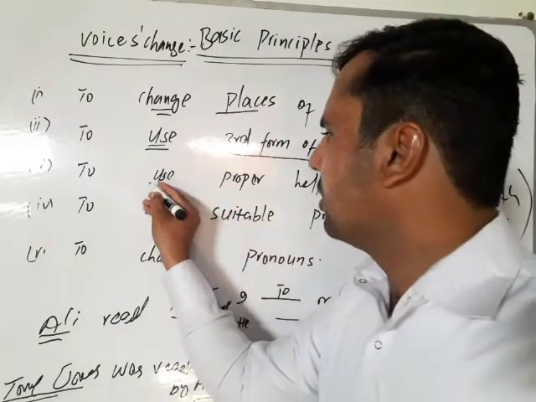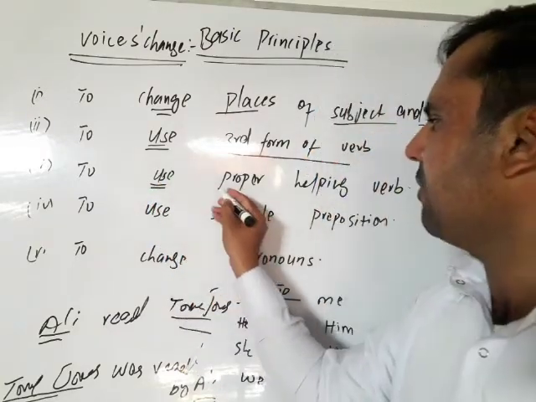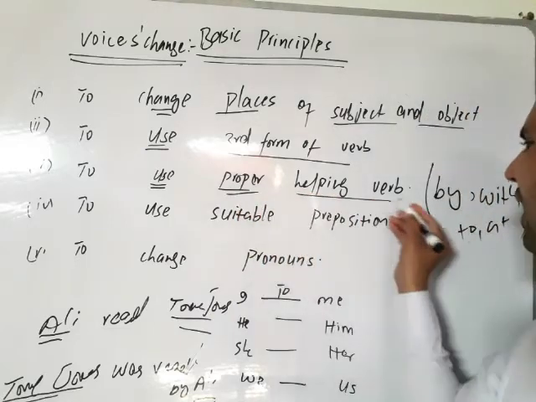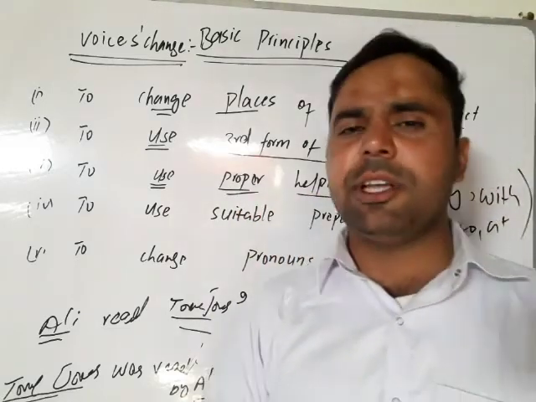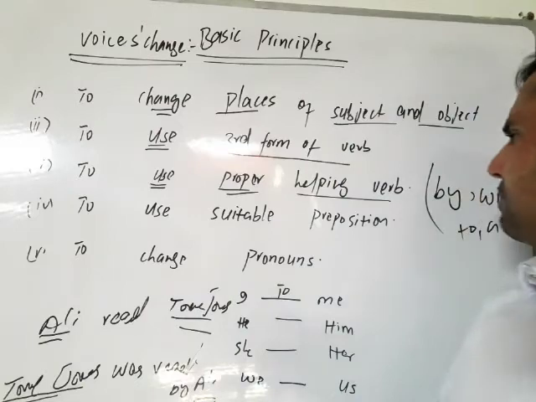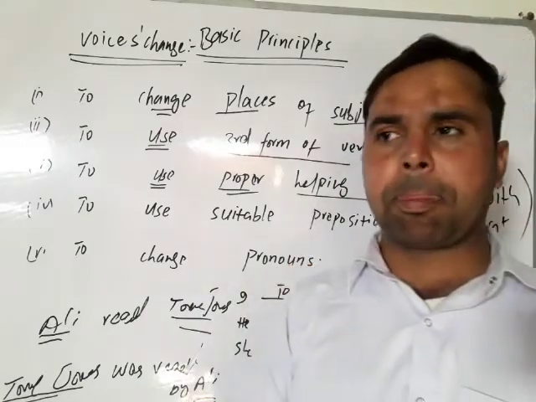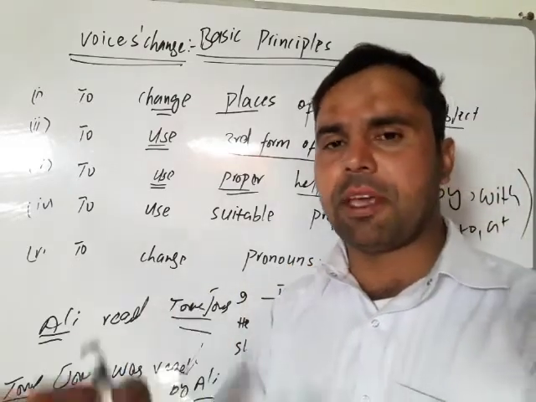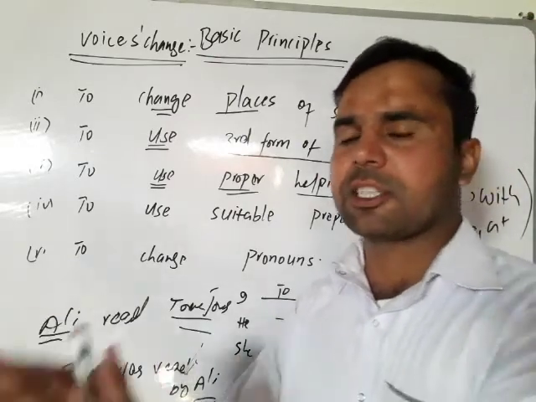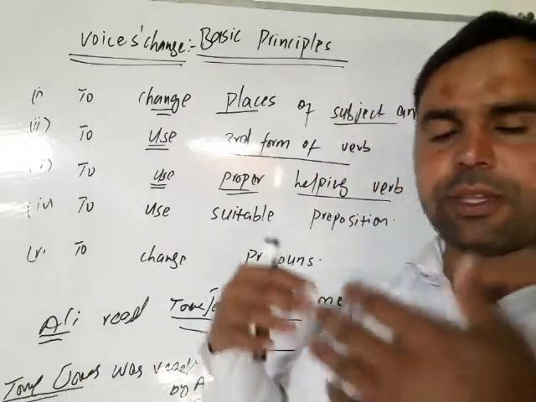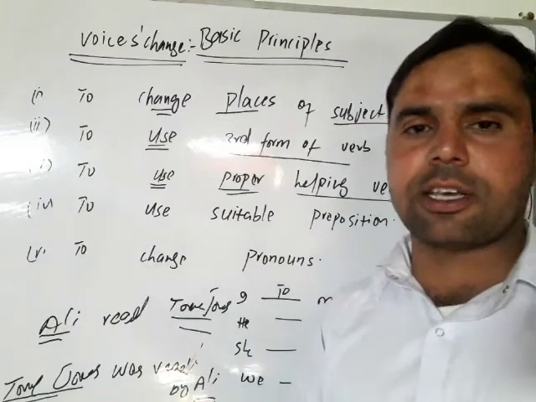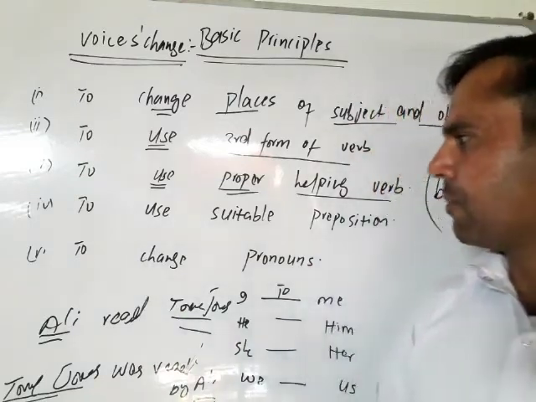Again, yet another principle is that we will have to use proper helping verb. I mean to say, we can have separate helping verbs for separate aspects of the present tense, past tense, and future tense.